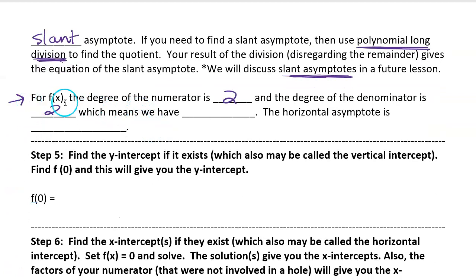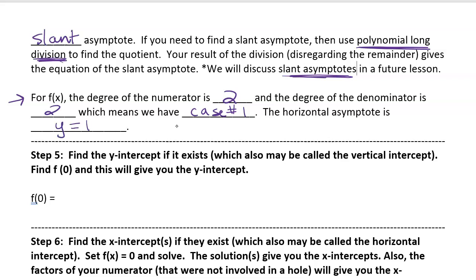So for f of x, the degree of the numerator is 2 and the degree of the denominator is 2, which means we have case number 1. Whenever the degree is the same on the top as the bottom, then that is case 1. And our horizontal asymptote is going to be y equals 1.